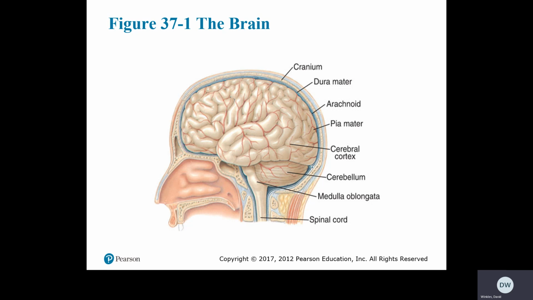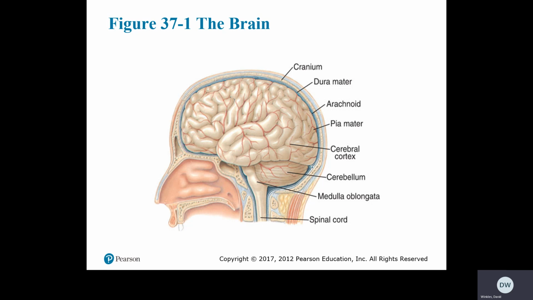So here is an illustration of the brain and the cranial vault. In this particular slide, I'd like for you to pay attention to the layers here. At the very top, you have the cranium, the actual bone. Outside of that, you do have the skin itself and all the tissues associated with the skin.